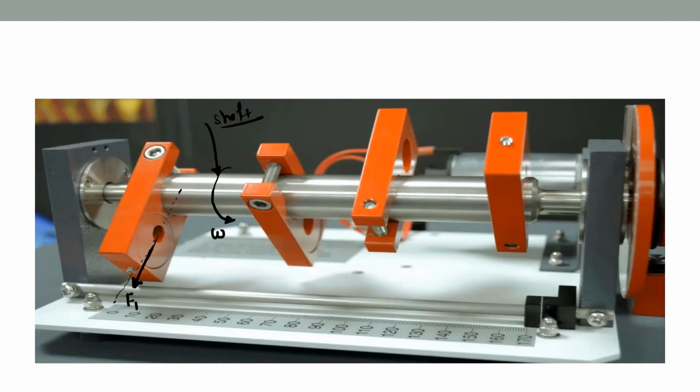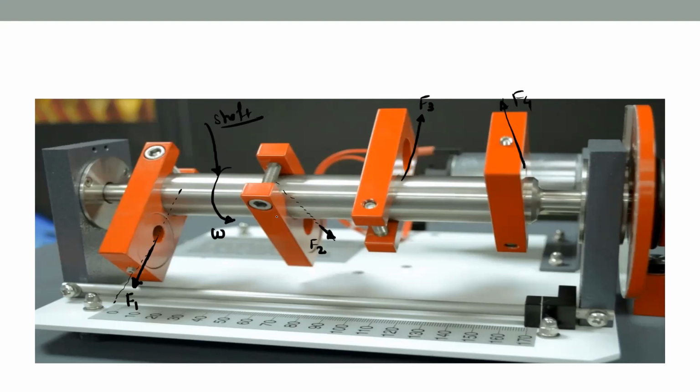The second mass is connected in this direction, so it will create a force in this direction. This is F2. This is the third mass, so this is F3. And this is F4. All these forces will create some unbalance in the system, and due to that unbalance, the shaft will try to vibrate.